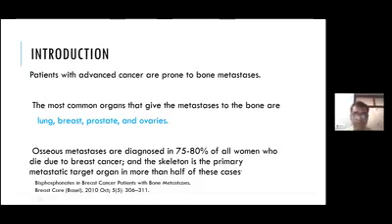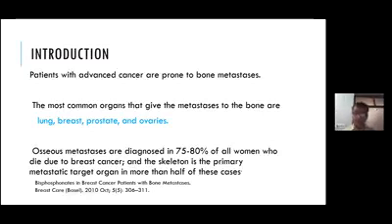The most common cancers which lead to bone metastasis are solid cancers of lung, breast, prostate, and ovaries. In breast cancer, it has been diagnosed in 75 to 80% of advanced breast cancers. And skeleton is the primary metastatic target organ in more than half of the cases.